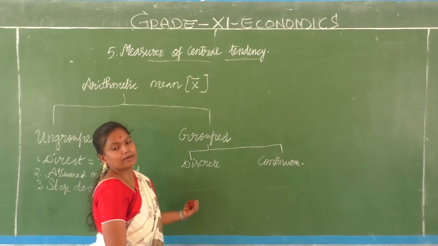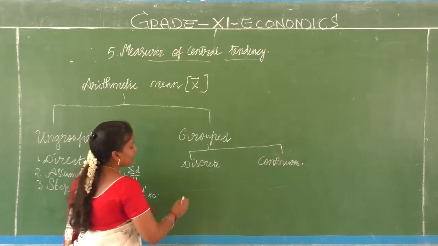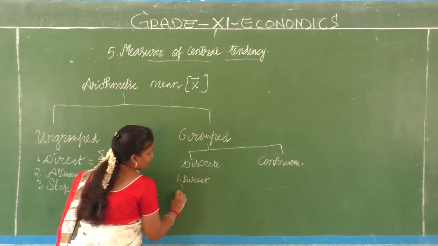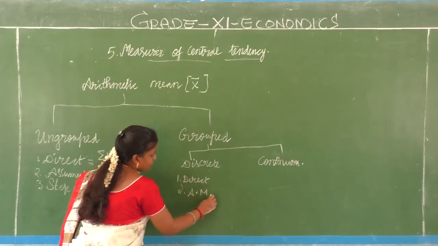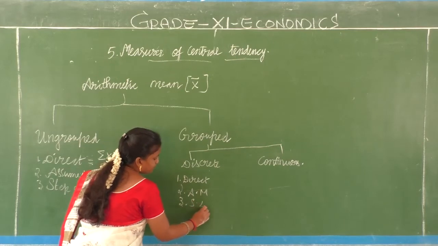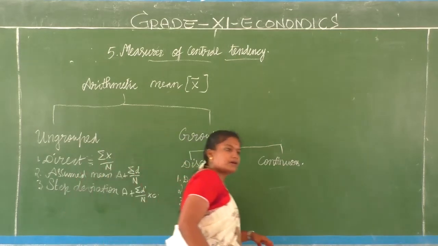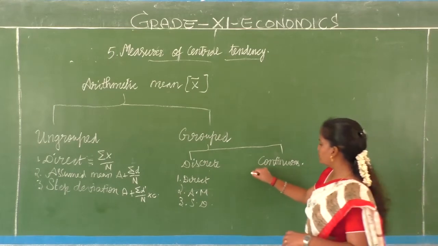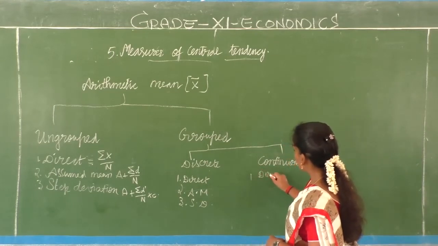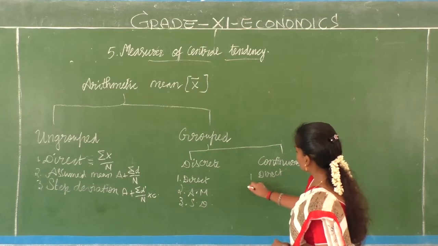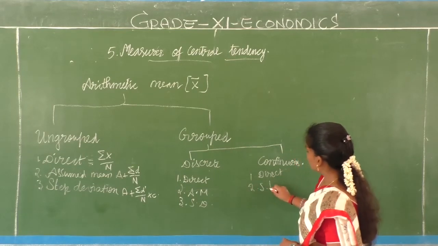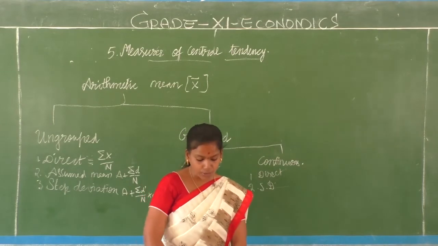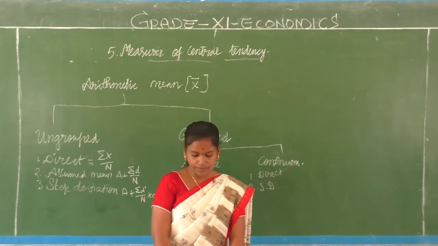So for discrete series, again you have the direct method, the assumed mean method, and the step deviation method. When you go for continuous, we are going to have again the direct method and the step deviation method. These are the methods that we are going to discuss today.